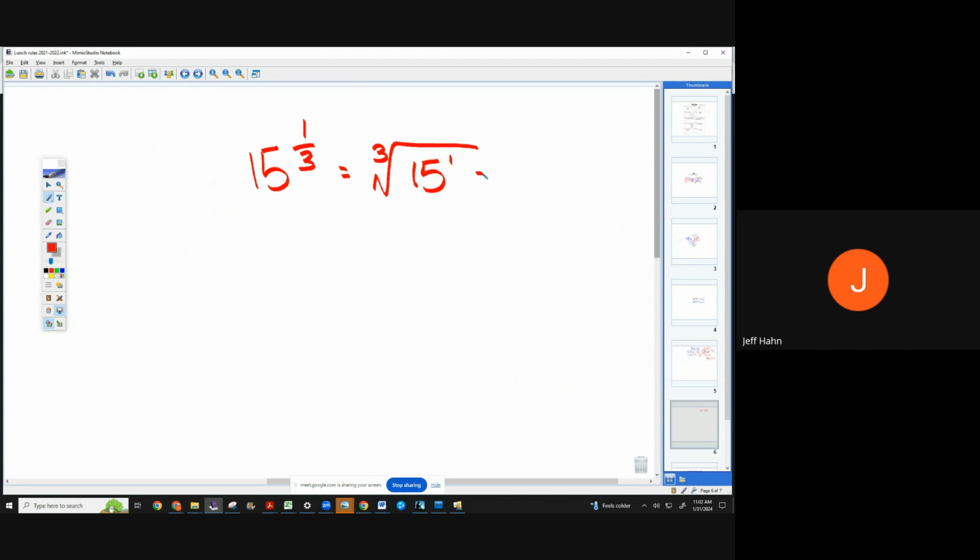So this is, what is the cube root of 15, and that is? Huh? You can't simplify that. It's an irrational number. That is simplified as much as it gets. Some things just don't work out.